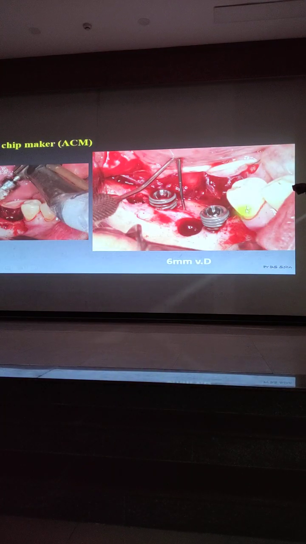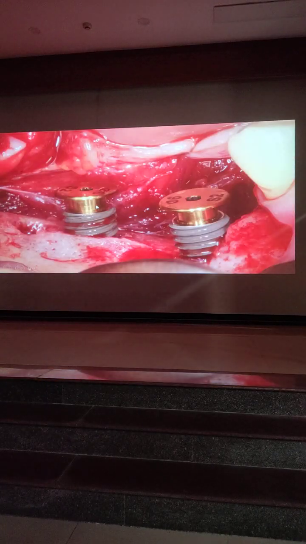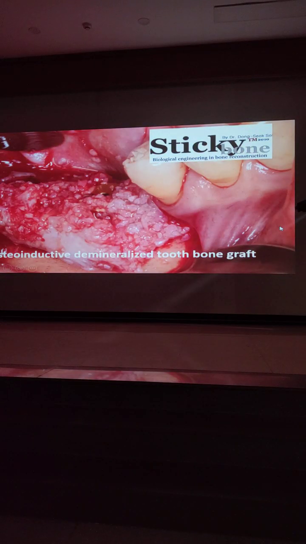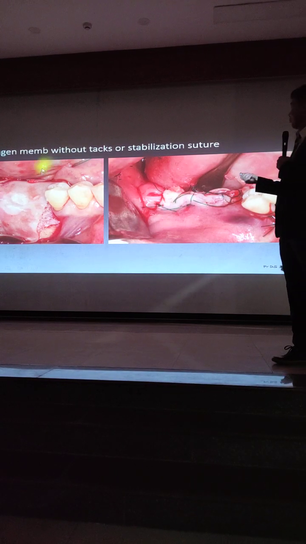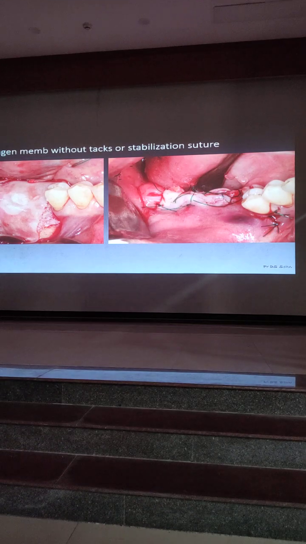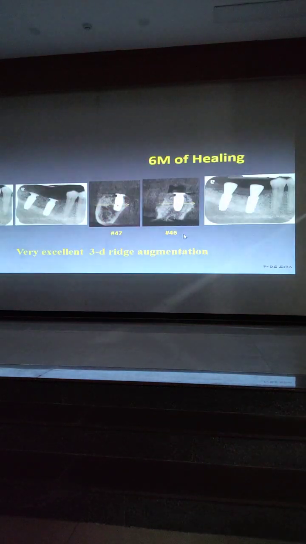So three implants were placed by 24 screws. I did decortication with the machine. And another two were placed on the implant, and tooth bone was placed over the bone graft, and collagen membrane was placed over the bone graft without membrane tacks, and primary tissue closure was done.